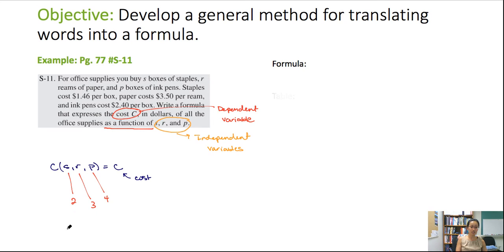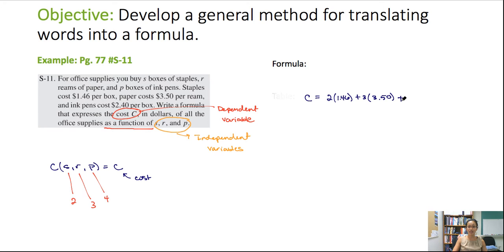We would say the cost is equal to, if I buy 2 boxes of staples and they cost $1.46 per box, that means I would multiply $1.46 by 2 to get the total cost for the boxes of staples. And then I would have to add that to however much it costs to buy reams of paper. Here we're buying 3 reams of paper, so that's 3 times the cost for 1 ream, which is $3.50.